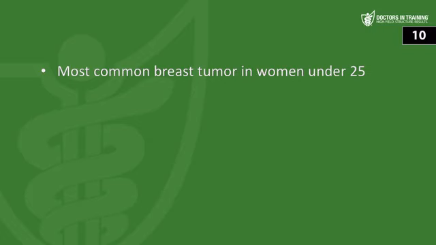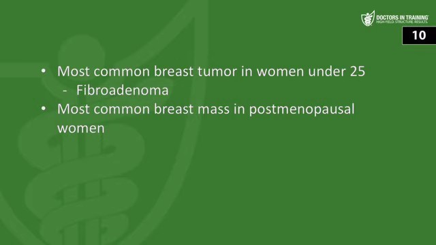Next, what breast pathology fits each of the following descriptions? The most common breast tumor in women under 25 is a fibroadenoma. The most common breast mass in a postmenopausal woman is invasive ductal carcinoma.